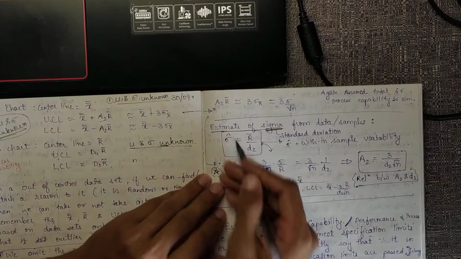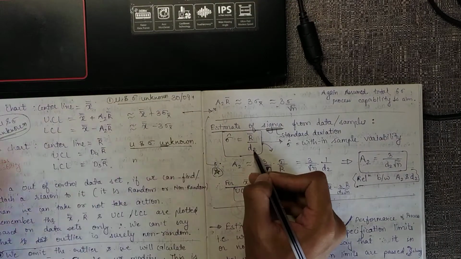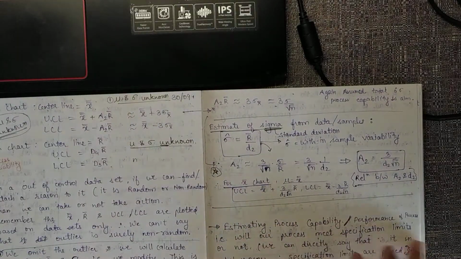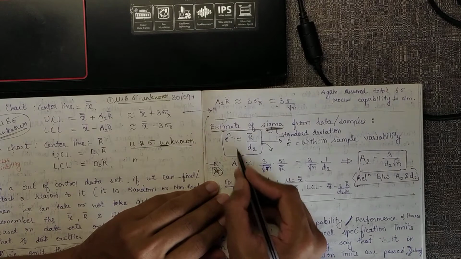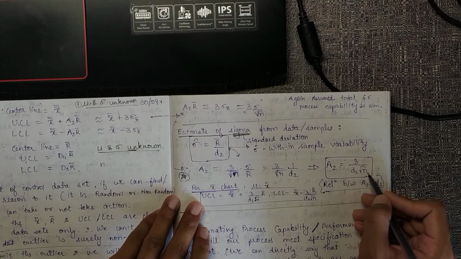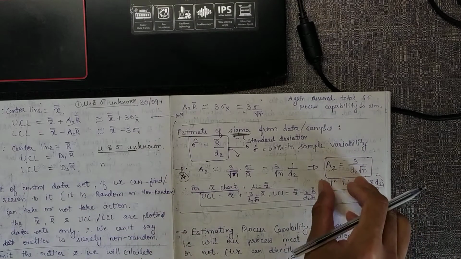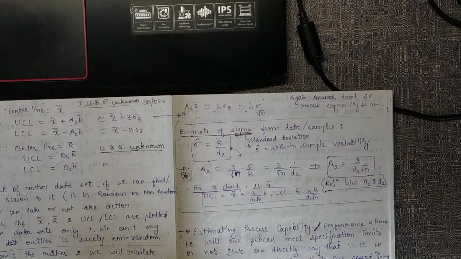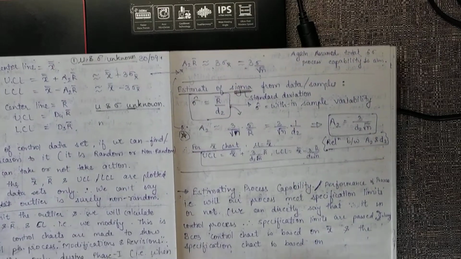So the estimated sigma is equal to R bar by d2. Again this d2 is given somewhere in the table. Using this relation, A2 is equal to 3 by d2 square root of n. But we need not remember these relations. All the values of these constants can be directly read from the table.